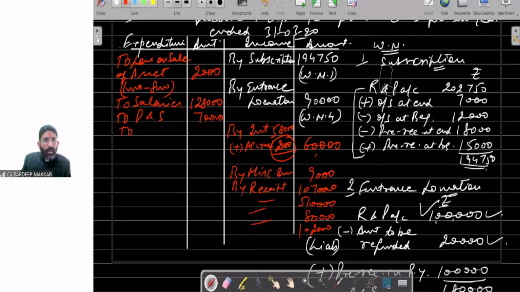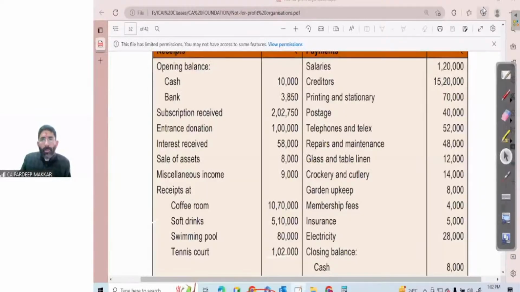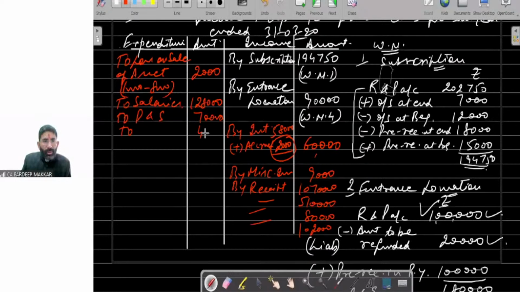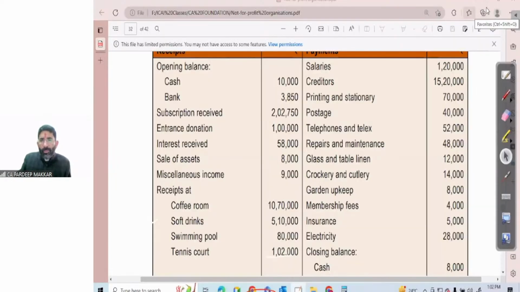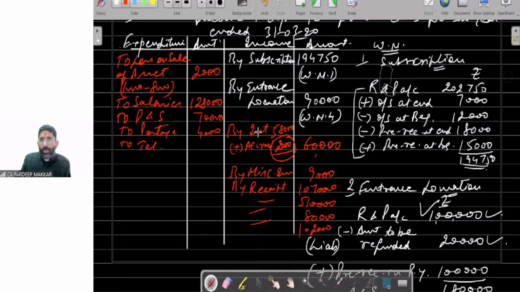Next, postage 40,000. Telephone 52,000. Repair 48,000.